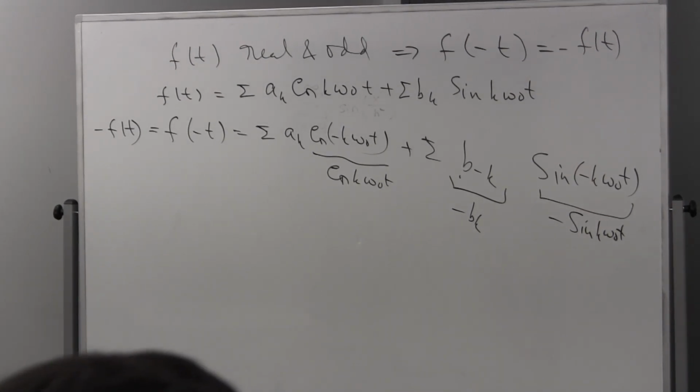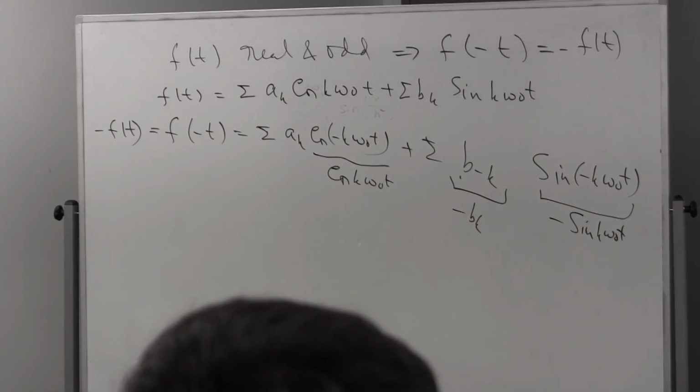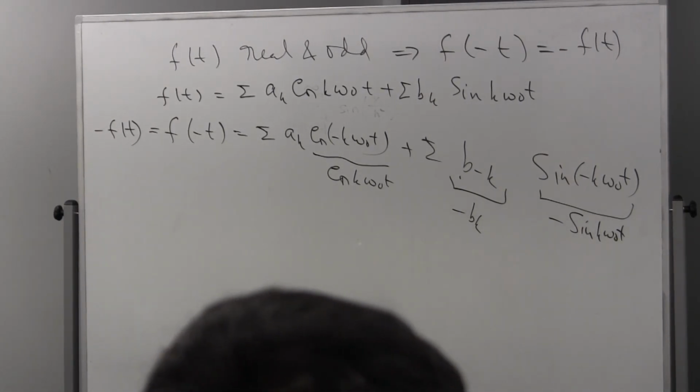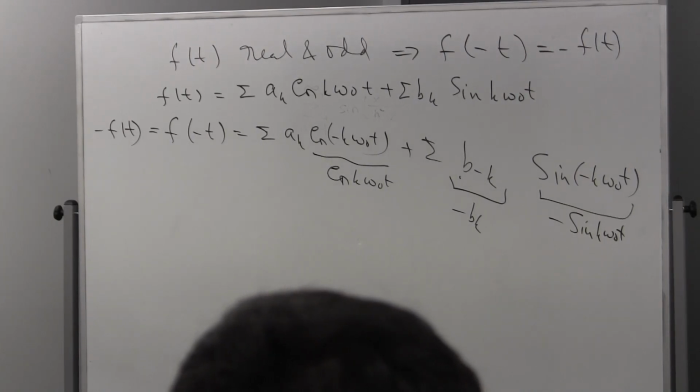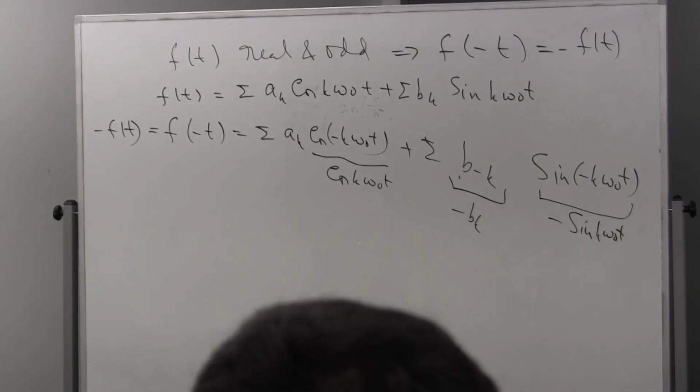Because that's when it's even only, right? No, here we're saying odd. No, for any, if you just change k to minus k, look at here, this k will become minus k. Sine of minus k is minus sine. So b of minus k will be minus bk always, right?